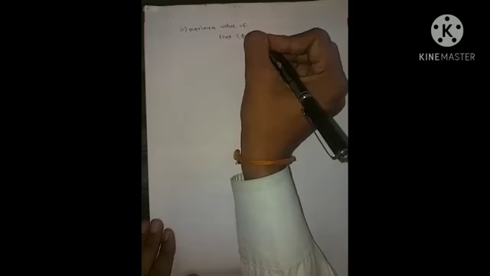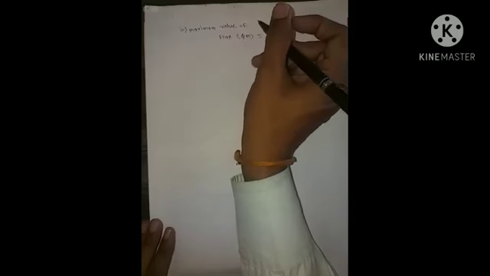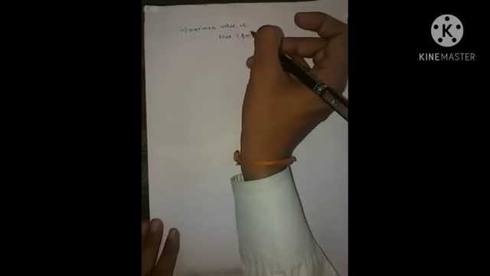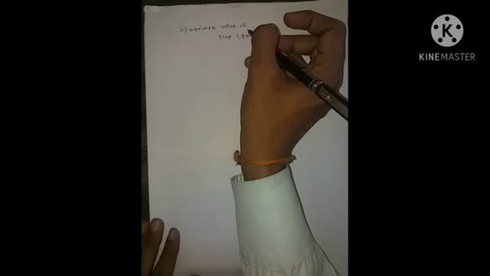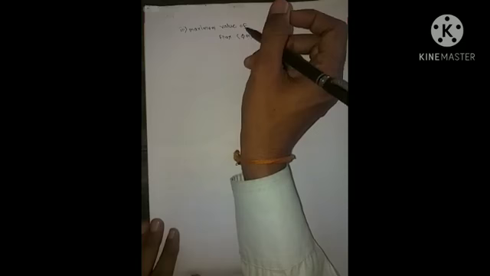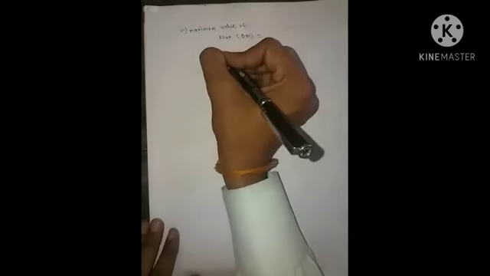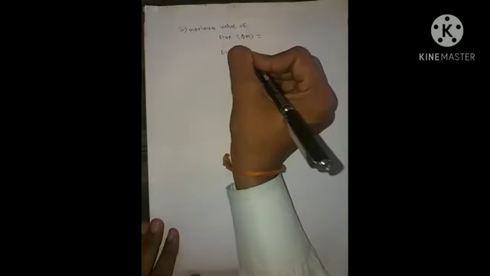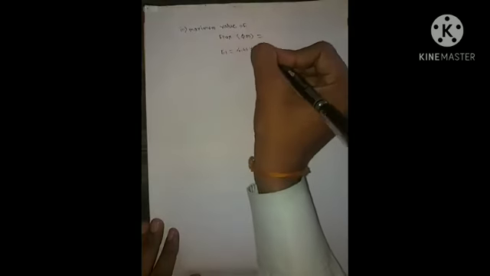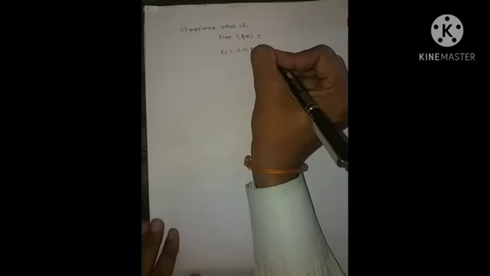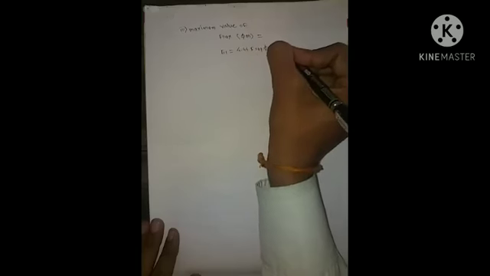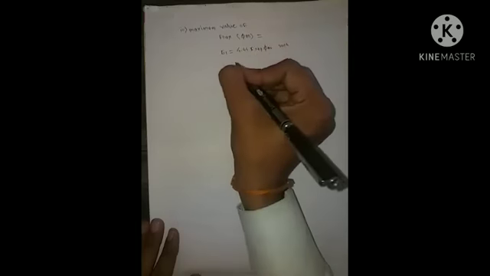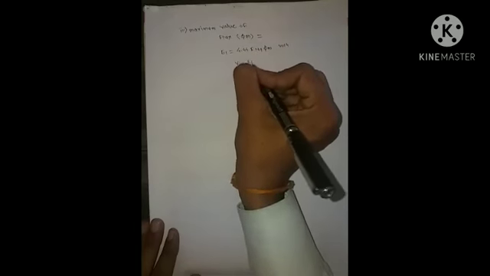So we know the formula of induced EMF, we have to use this formula, that is E1 equals to 4.44 F N1 phi m, and we know V1 equals to E1.